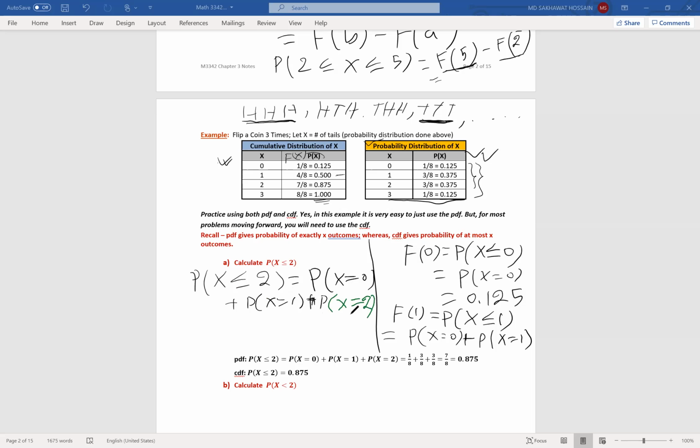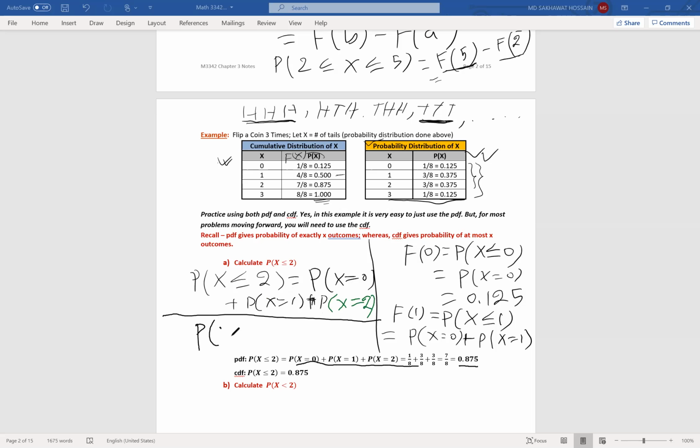This is one way, and you can see the probability will be 0.875. Here you had to do some calculation. But if you have the cumulative distribution function, you can directly find this probability.